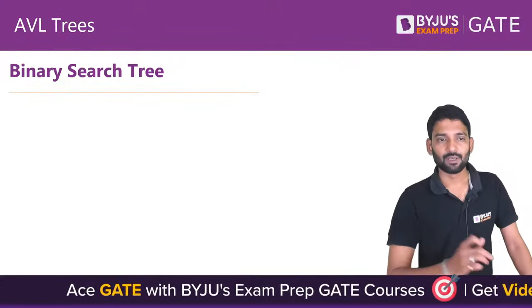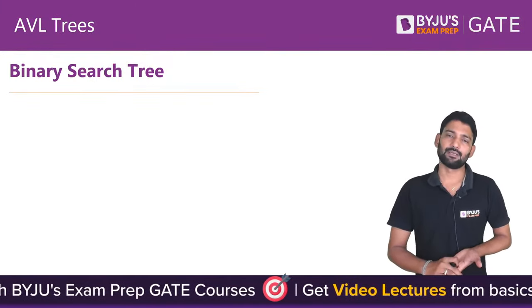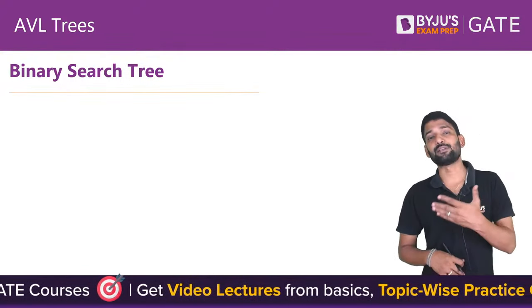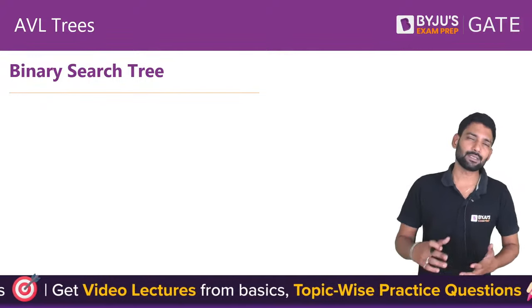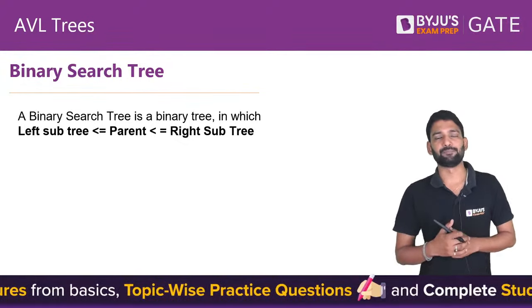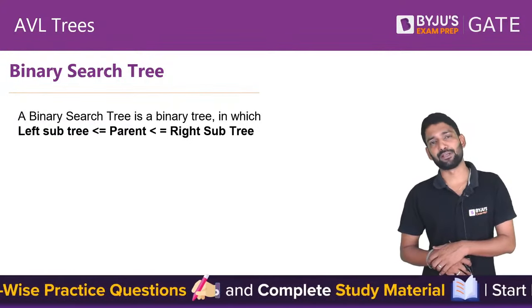Before we understand AVL trees, let us quickly understand what a binary search tree is. It is a binary tree, meaning at most 2 children for any node.